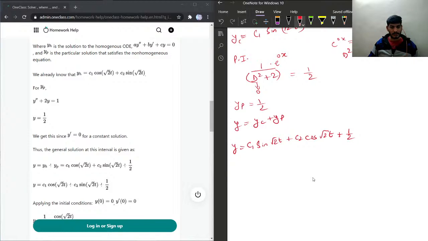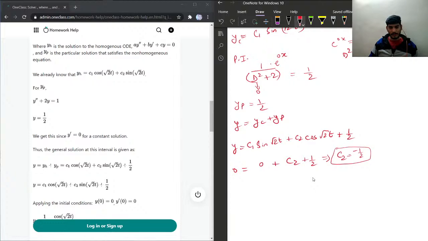Now again we'll put the boundary conditions to this. I'll not take the derivative, sorry. This will become sine 0 will be 0 plus cosine of 0 will be 1, c2 plus 1 over 2. This gives c2 as negative 1 over 2.